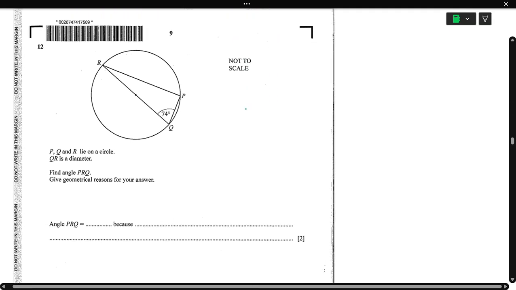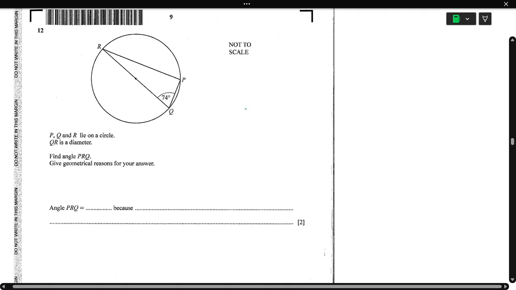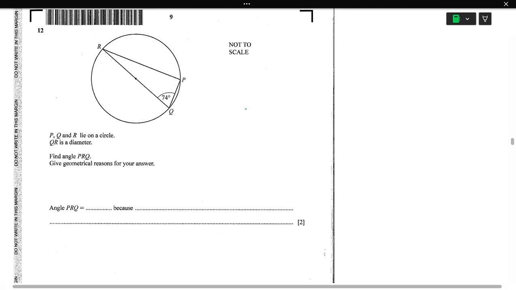Okay, let's go for question 12. It's a circle theorem. P, Q, R lie on the circle. QR is a diameter. Okay, find the angle PRQ. Give a geometrical reason for your answer.